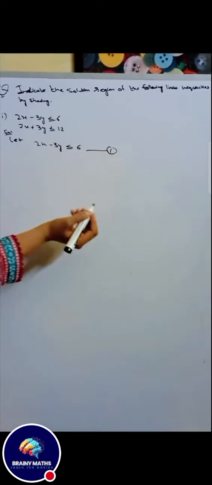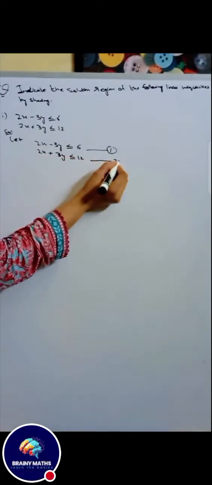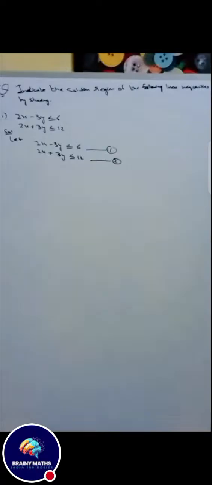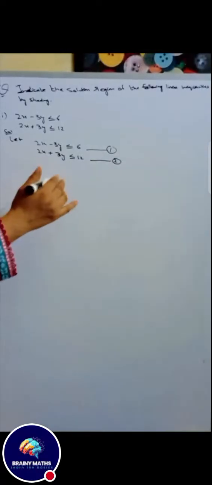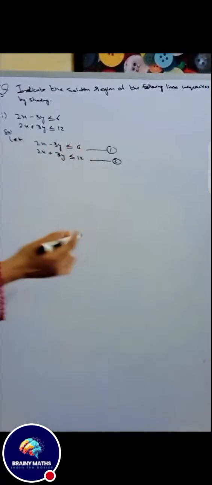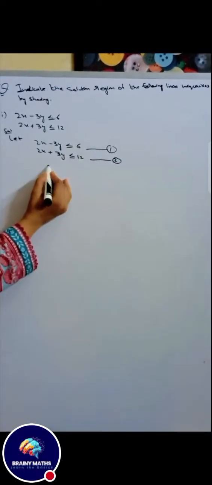Call it first equation. Number 2: 2x plus 3y less than or equal to 12. Call it equation number 2. Alright? This is an inequality. We have to convert this into the associated equation.